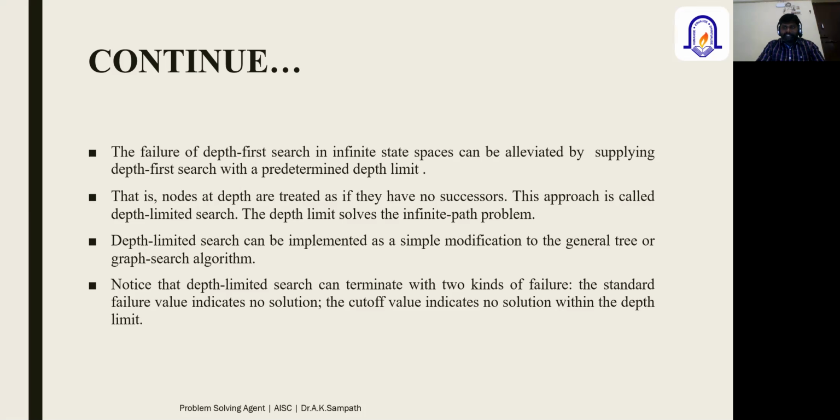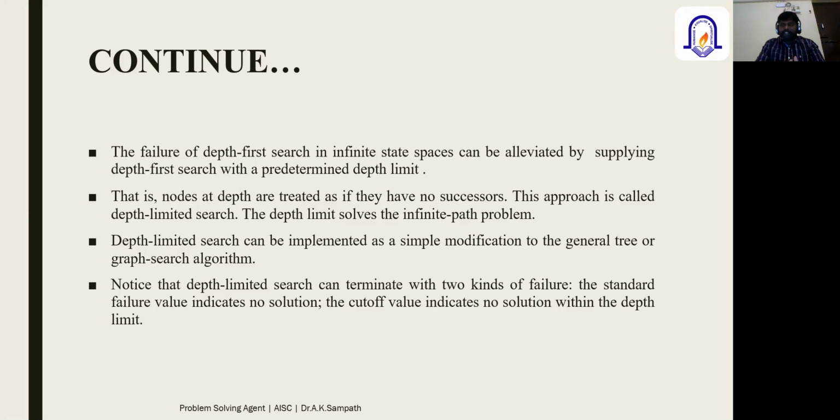If there is a tree, depth first search takes the first child of the tree, then that first child is expanded and its own child is expanded. This process is repeated until it reaches the leaf node. That means one subtree will be taken and its leftmost child will be expanded, and this process will continue till it reaches the end or the leaf node.